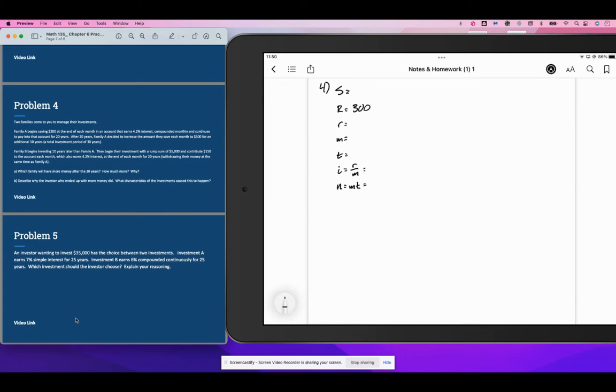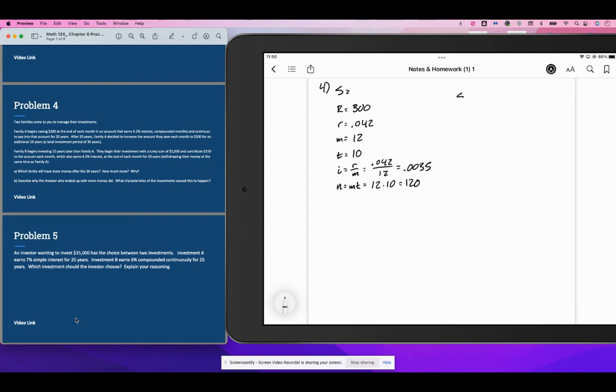Still 0.042, still 12 payments a year. They're doing this for the last 10 years of their investment period. 0.042 over 12, if I remember right, was 0.0035. n is going to be 12 times 10, so 120.